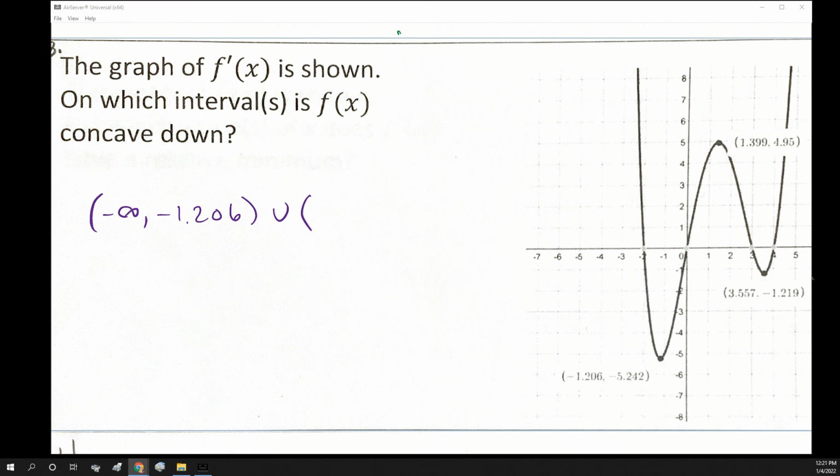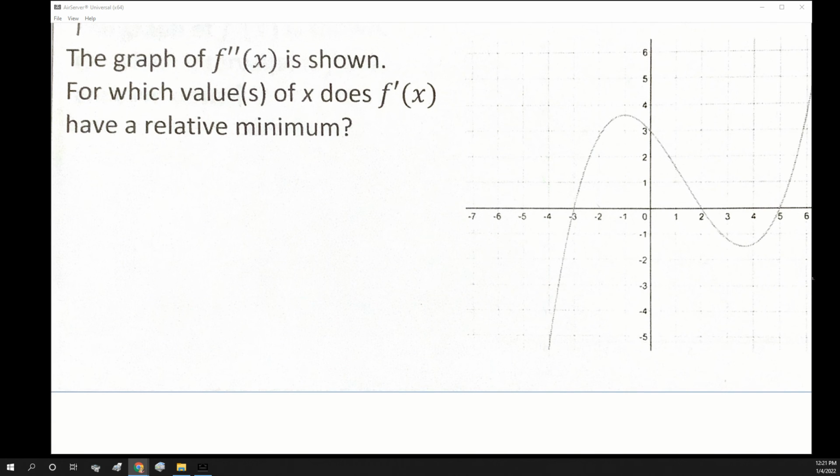And then it's decreasing again when x is 1.399, and it stops decreasing when x is 3.577. So that was this interval right there.